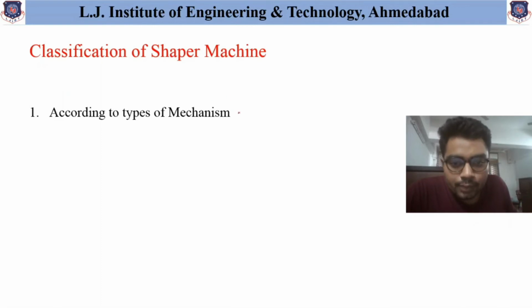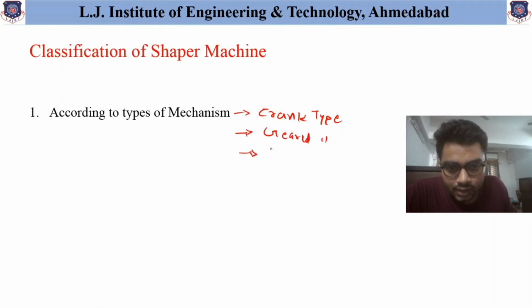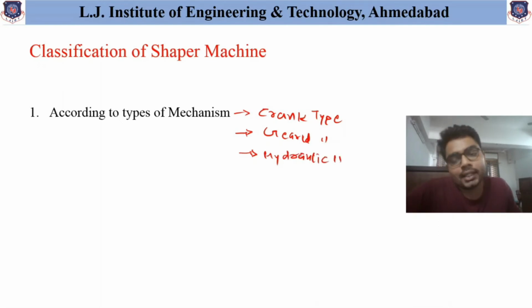The different types of mechanism which can be used to obtain this reciprocating motion are: it may be a crank type mechanism, it may be a geared type mechanism, or it may be a hydraulically operated mechanism.